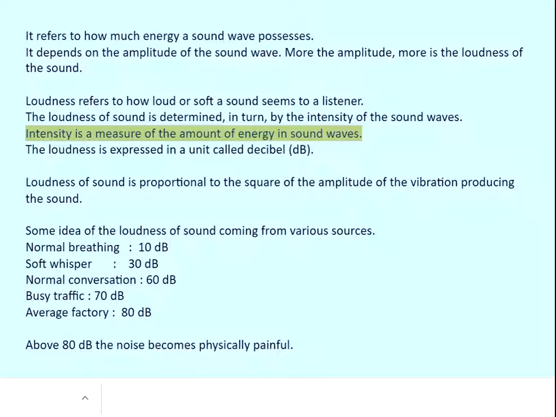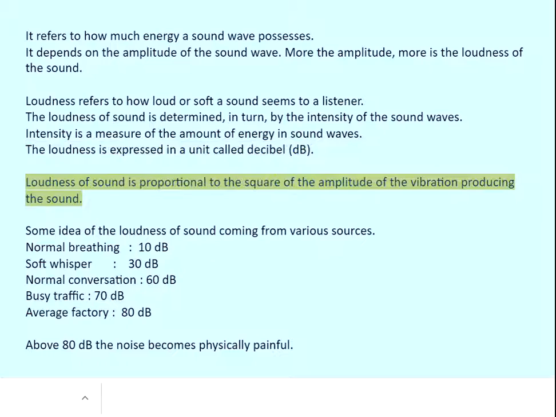Intensity is a measure of the amount of energy in sound waves. The loudness is expressed in a unit called decibel, dB. Loudness of sound is proportional to the square of the amplitude of the vibration producing the sound.